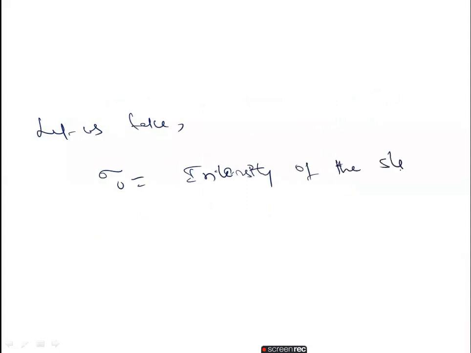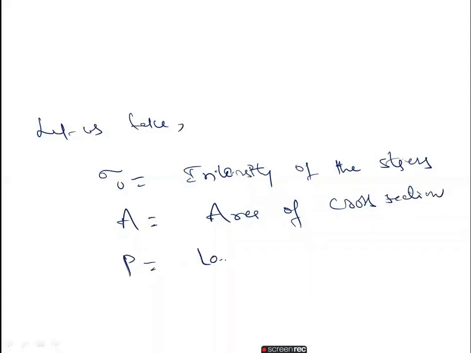Okay. Now let us take sigma naught equal to the intensity of the stress, A is the area of cross section, and P is the load acting on the column.